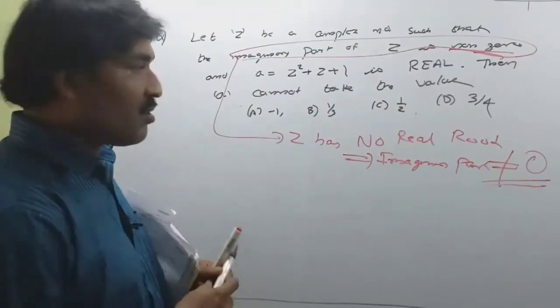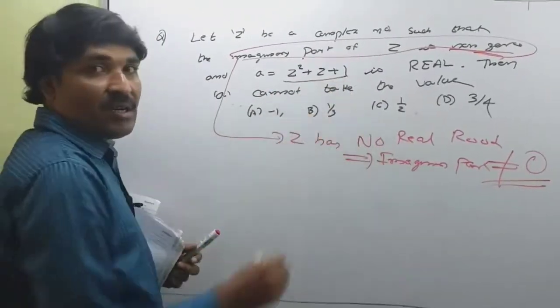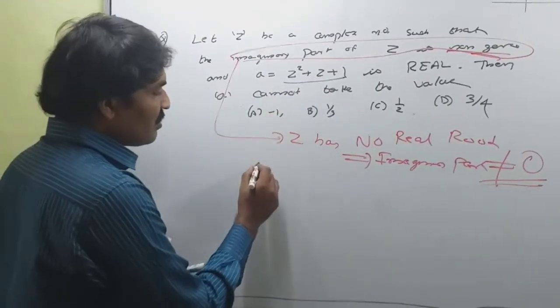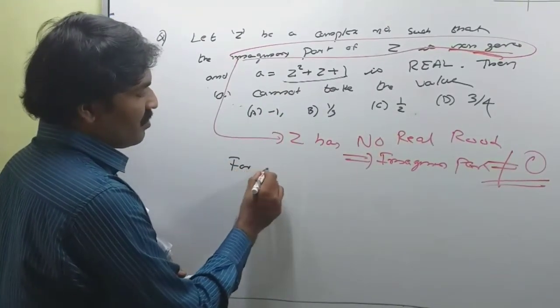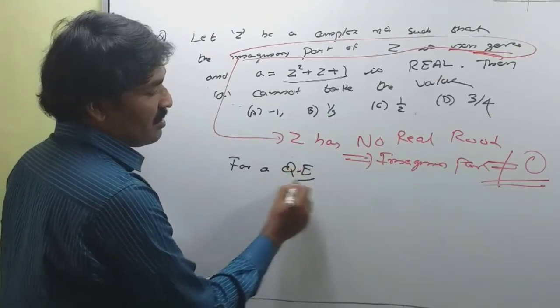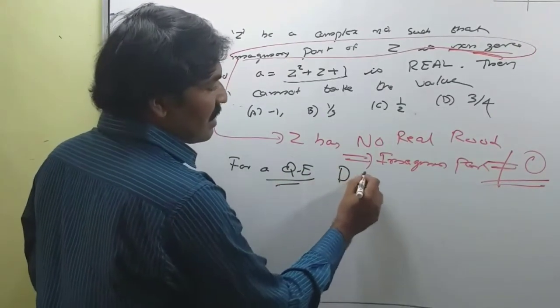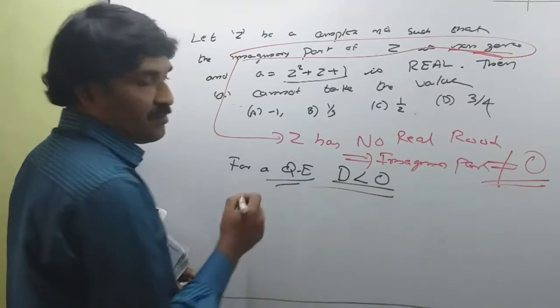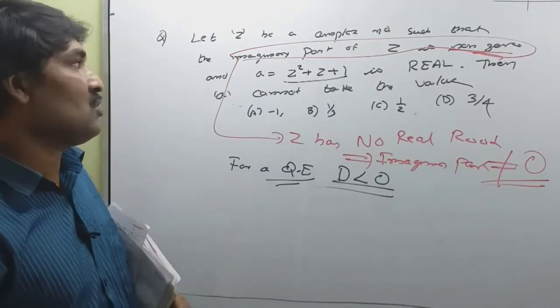Imaginary part not equal to 0 means this is a quadratic equation. What is the quadratic equation? For a quadratic equation, D less than 0. That implies imaginary part not equal to 0.